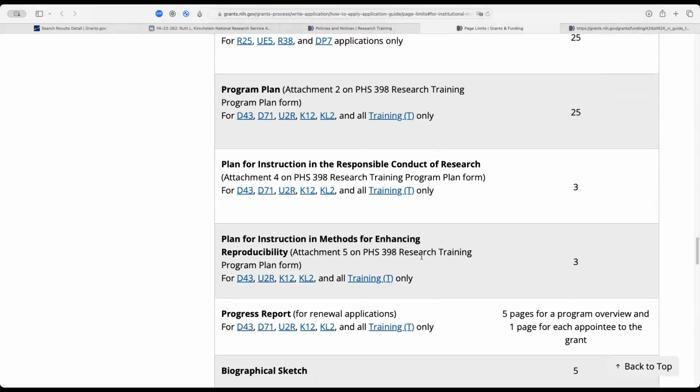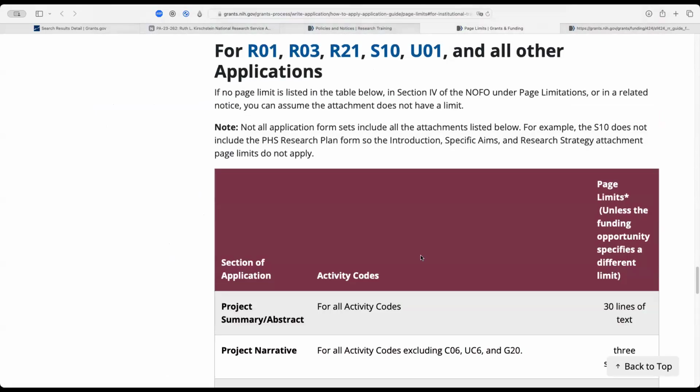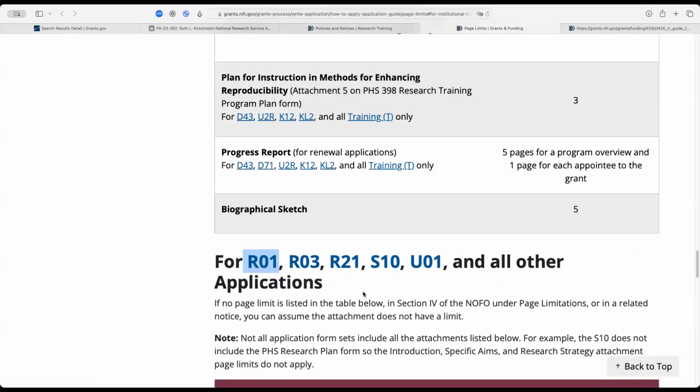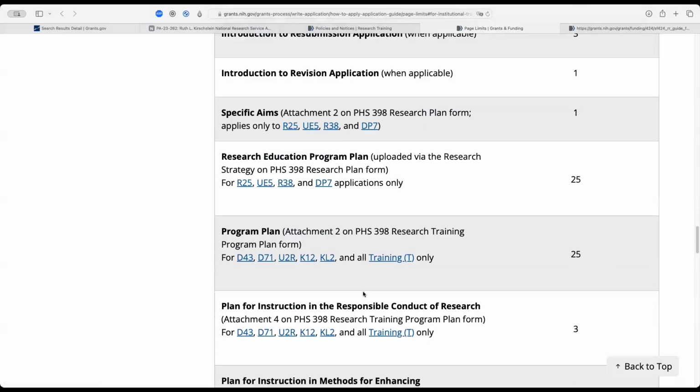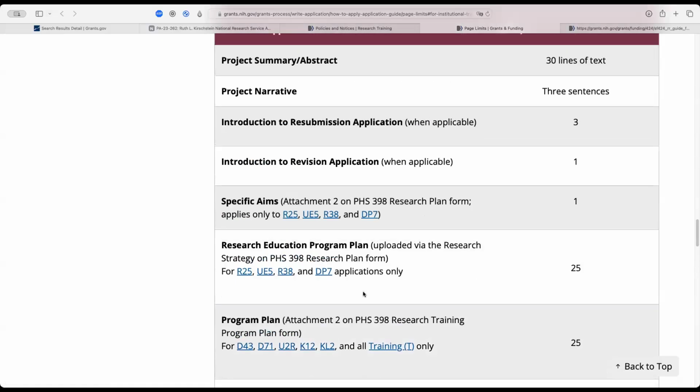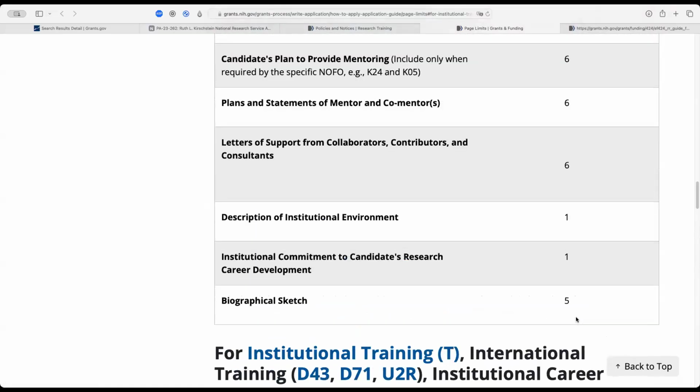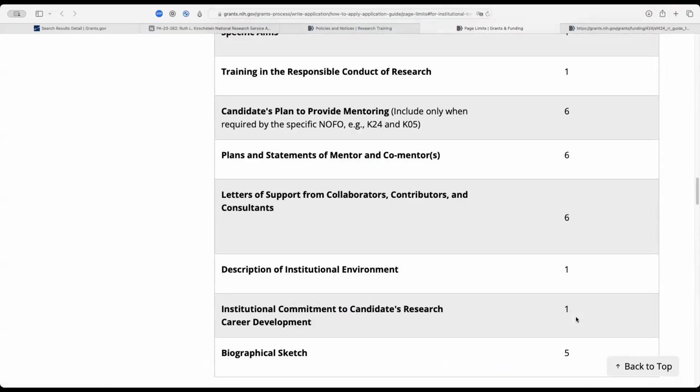Now, if you're a chair and you're trying to do a big umbrella for that, maybe, but make sure that the application code that you're looking at matches the one here, because there are some key differences in the size limits. And I had one chair tell someone, I can't write 25 pages. And it turned out they were looking at this checklist instead of this checklist up here. And you can see that's much more concise, a 1-page description of the institutional environment. Great.